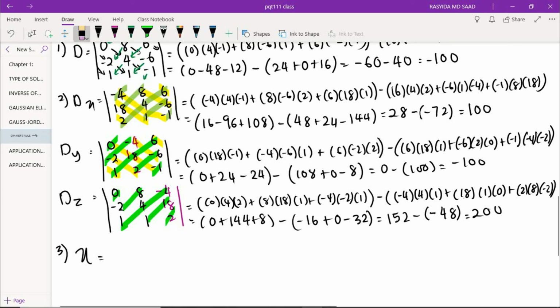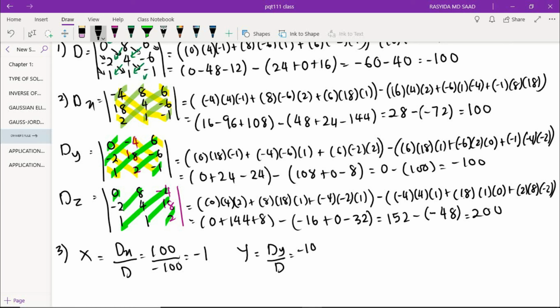Okay, so for x, it will be dx over d. So determinant of x, 100 over negative 100. Of course we get negative 1. And for y, be equal to dy over d, which is negative 100 over negative 100.